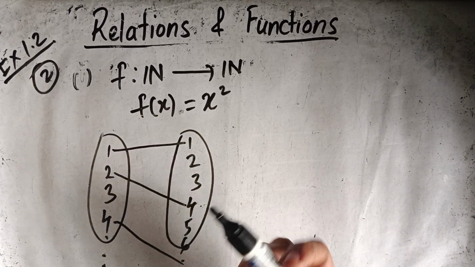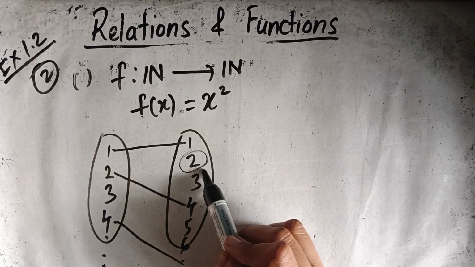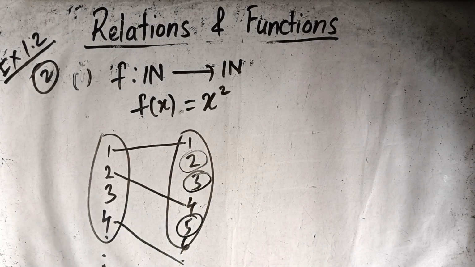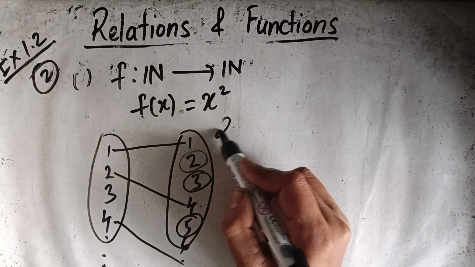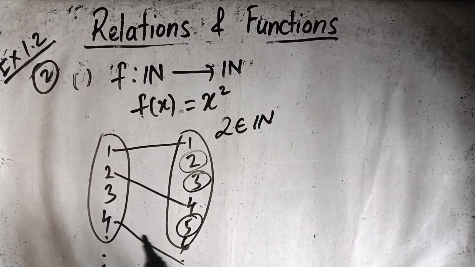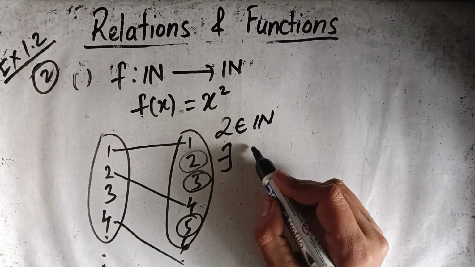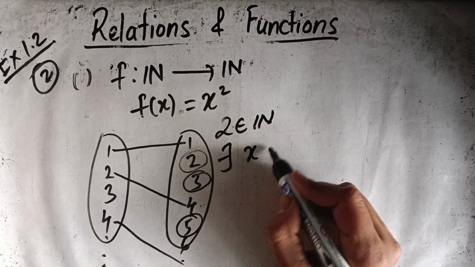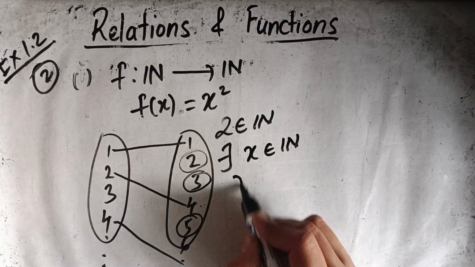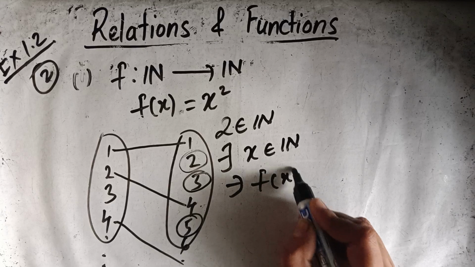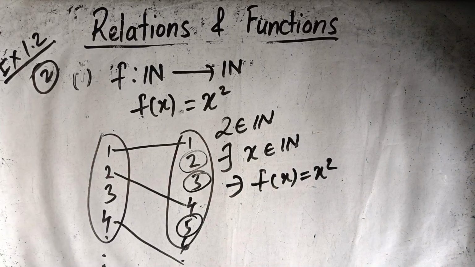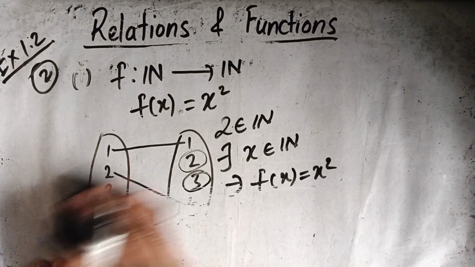So these numbers are left out. So you can write: for 2 belonging to natural numbers, there does not exist x belonging to natural numbers such that f of x is equal to x square. So it is not onto.